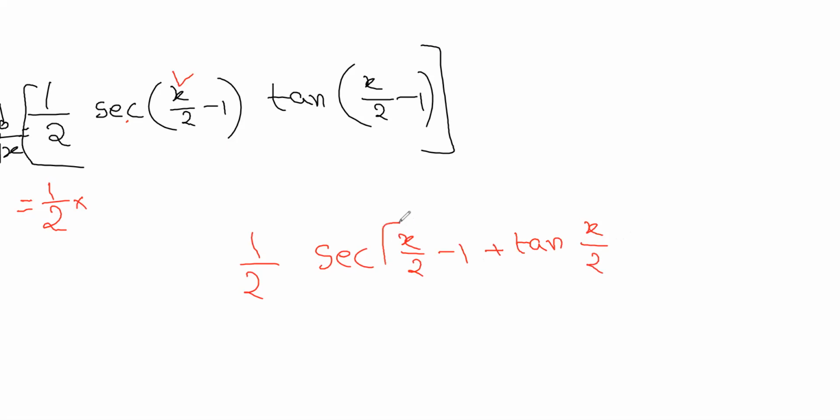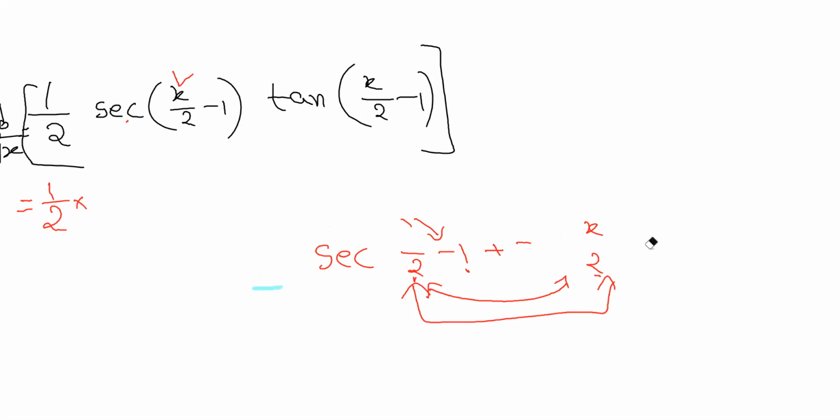If it is like this, it means in the secant function we have two functions, right? x by 2 minus 1 and tan x by 2. Here you have to use, first you will do the secant one, next we will come to the inside function. And when this is the total inside function, so first you will do x by 2, next for minus 1, next we will do tan x by 2.